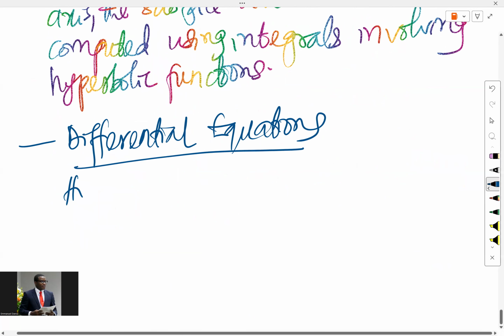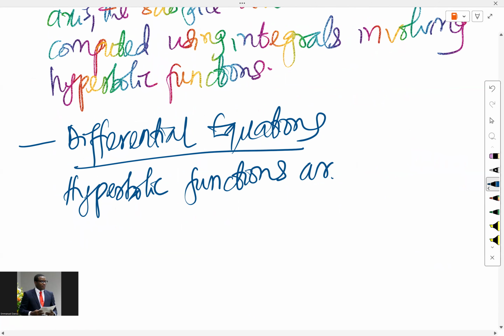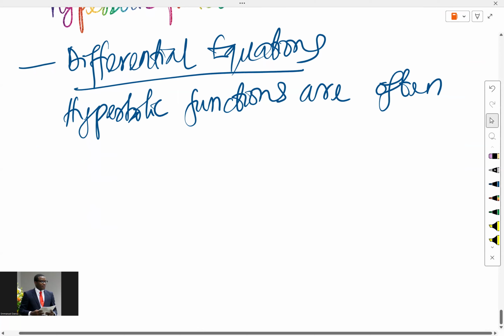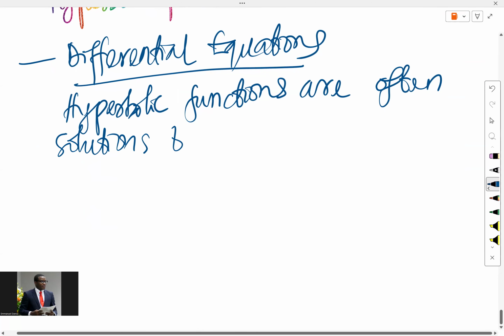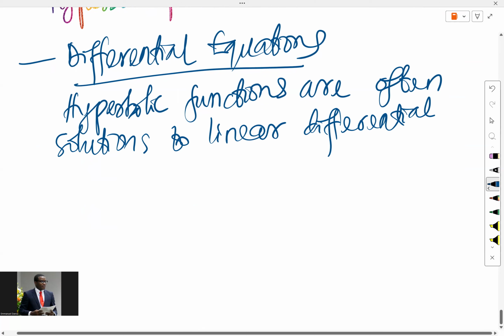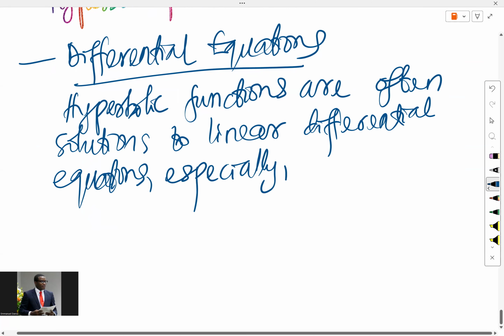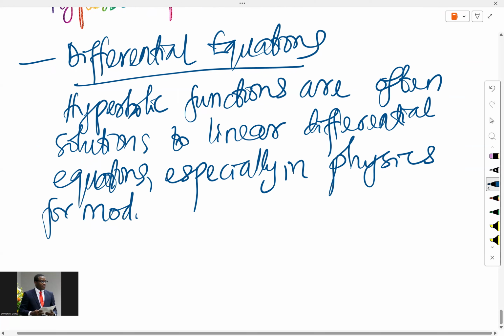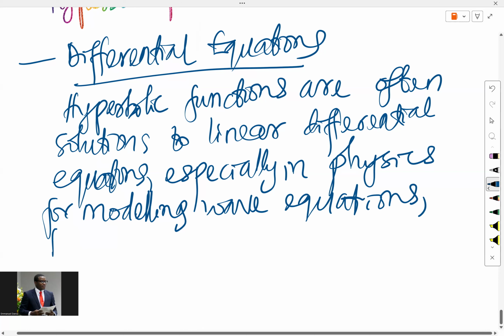So here, hyperbolic functions are often solutions to linear differential equations, especially in physics, for modeling wave equations, heat conduction, and more.